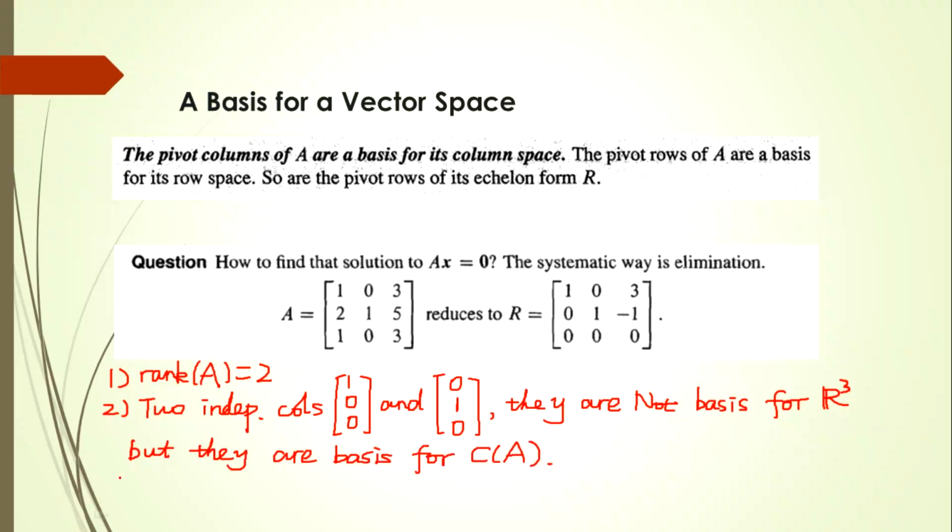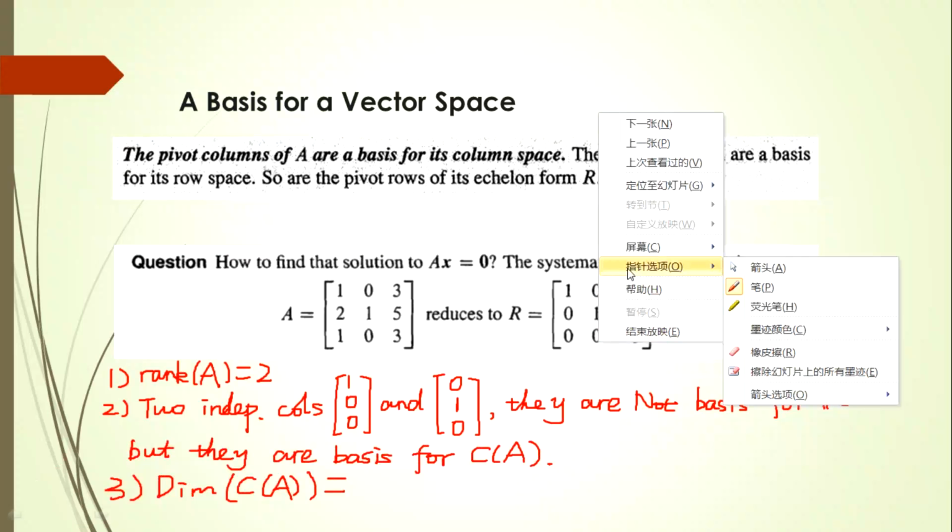And what is the dimension of the column space of A? Should be 2, right?